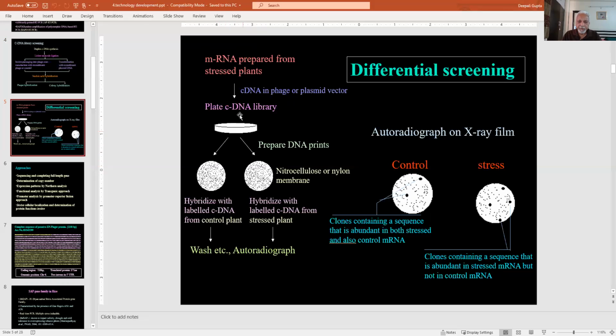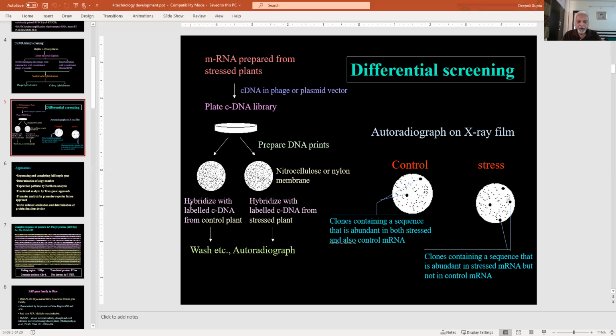These plaques are then lifted in duplicate onto two nitrocellulose membranes, and then they were differentially hybridized. It's the same set of phage plaques which were taken on two membranes. One is hybridized with the control cDNA, that is the normal, and another membrane was hybridized with cDNA from stressed plants.